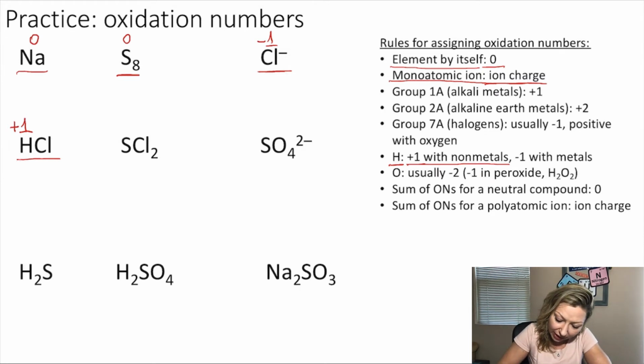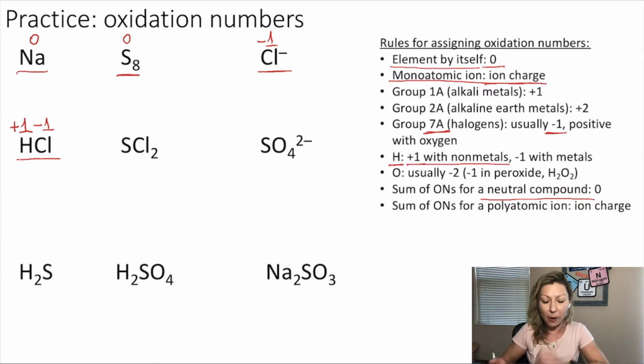Chlorine is a halogen, so it is in group 7A, and it's usually going to have an oxidation number of -1, so we can add the -1 above chlorine. Notice that if you add +1 with -1, the sum is going to equal 0, as hydrochloric acid is indeed a neutral compound, and the sum of the oxidation numbers in neutral compounds equals 0.